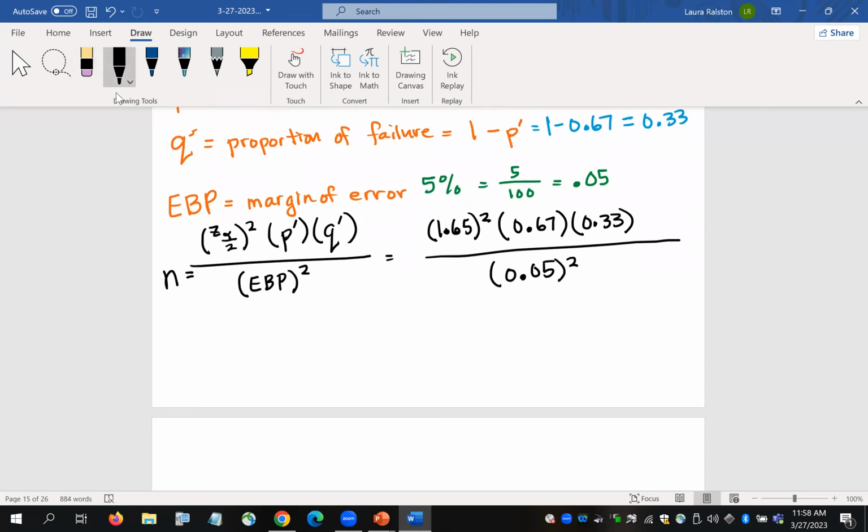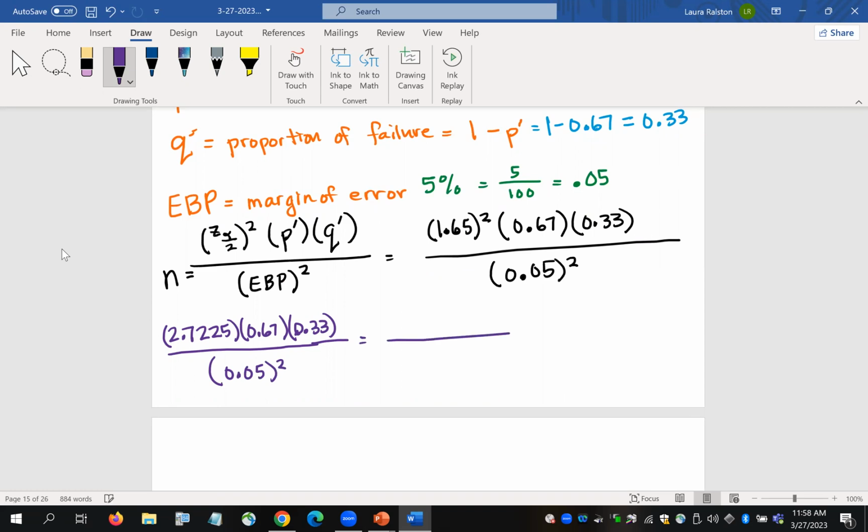Again, make sure you follow order of operations. So I would square 1.65 first, which gives me 2.7225 times the 0.67 times 0.33 divided by the 0.05 squared.